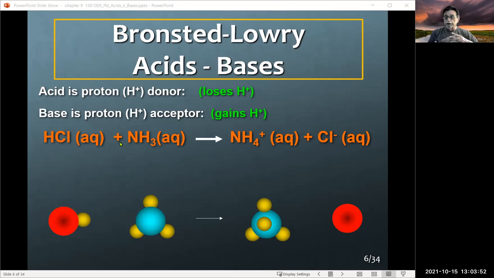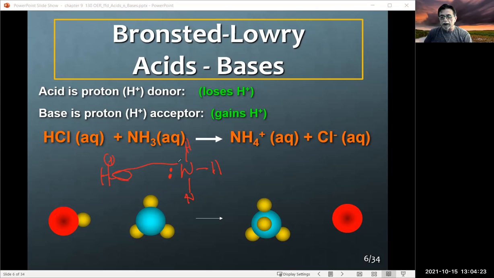And this example here would be ammonia. Recall when we did the Lewis dot structure for ammonia, we ended up with a lone pair of electrons on the central atom, sitting right there, okay? And the proton, which is a plus sign, has that 1s orbital empty, okay?